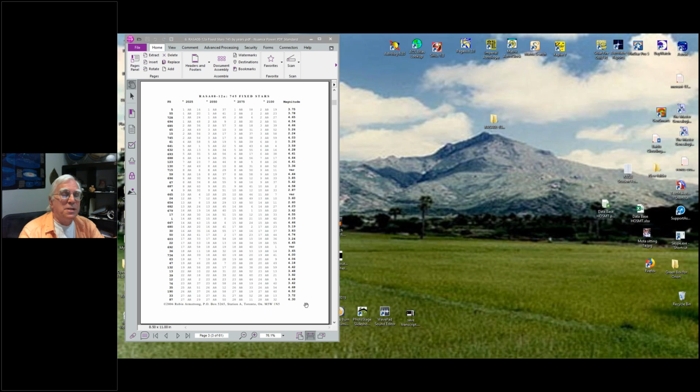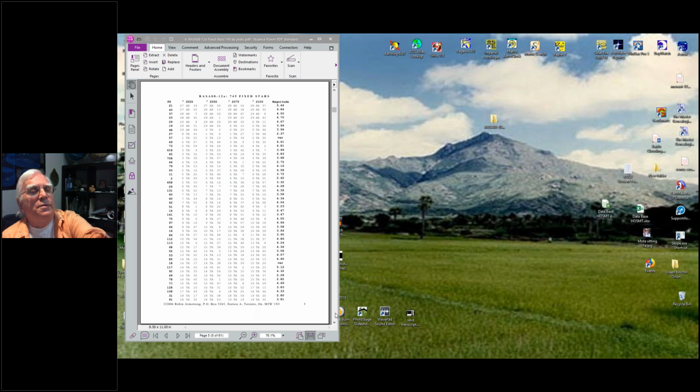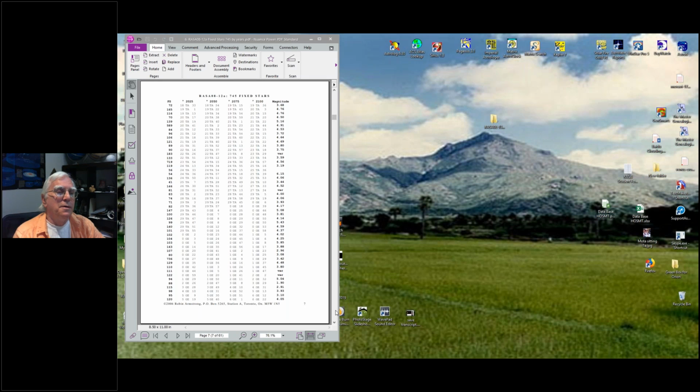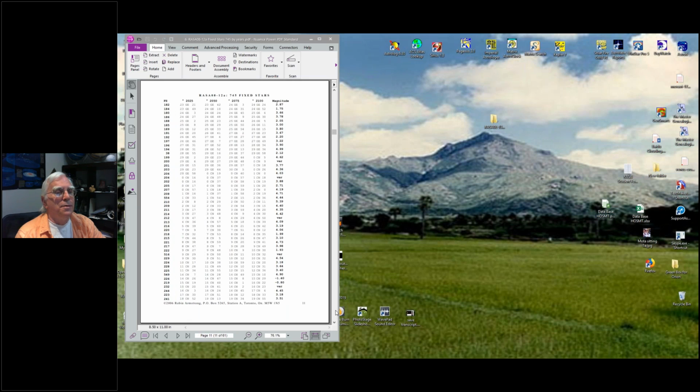You don't know which stars they are at this point, but you have the same star numbers. Then it'll go to the next group of fixed stars. That'll be 1900 to 2000, 2025 to 2100. So every group of stars is going to be 2 pages. It's got to go through the 745 of them to have the 2 pages.